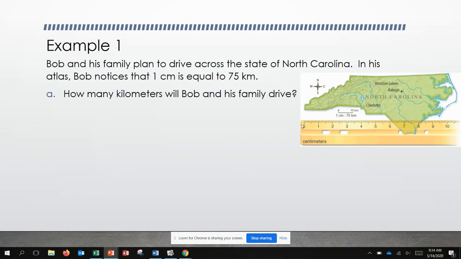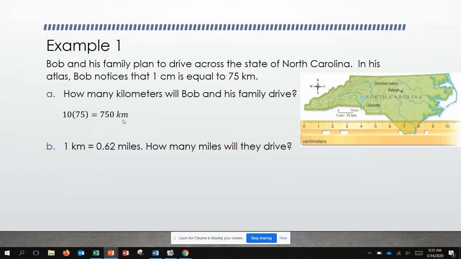We notice from the west to the east on our ruler is going to be 10 centimeters. Well, if each centimeter is equal to 75 kilometers and we have 10 centimeters, all we need to do is take that 10 centimeters, multiply it times 75, and we get a total of 750 kilometers.